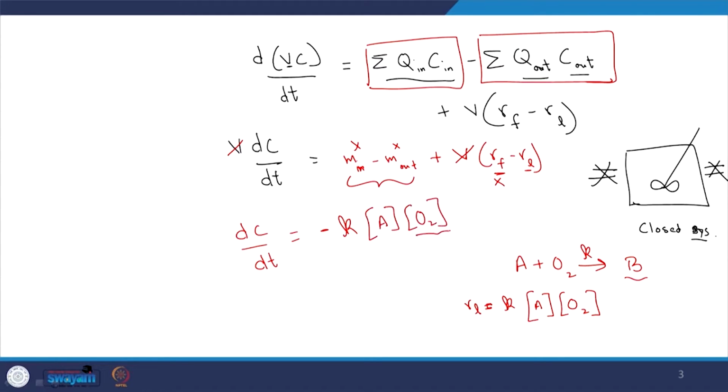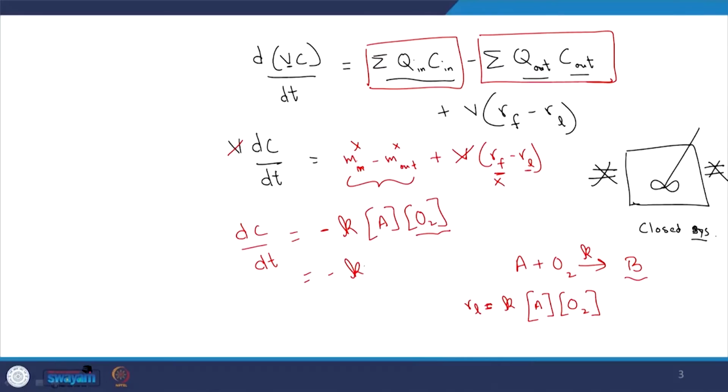And if I know the concentration of O2 in this particular room, and if I assume that it is more or less constant, I can say that it is equal to minus K dash concentration of A. So, this C itself is concentration of A. So, I can write it as d[A]/dt. These square brackets we typically use to indicate the concentration of that particular compound. So, this is my equation.